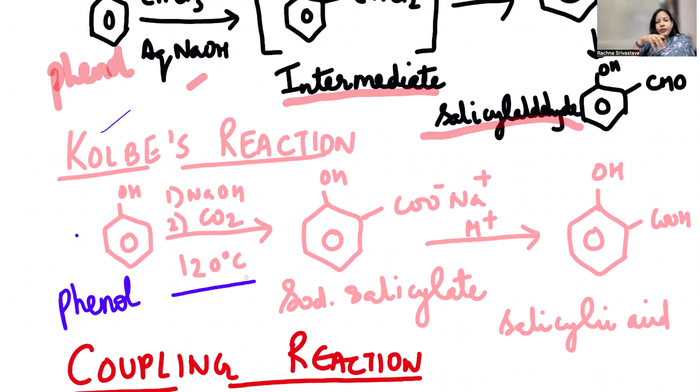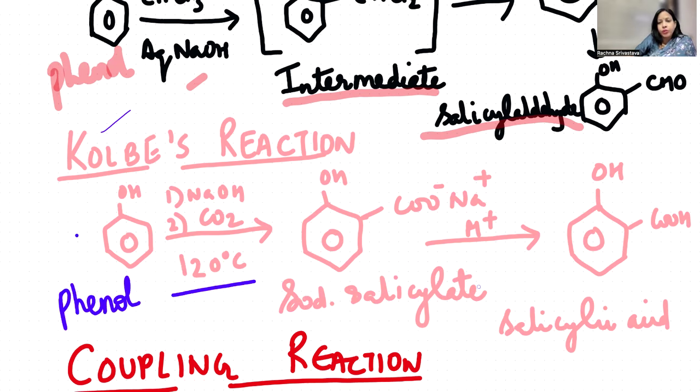Please refer to the standard books prescribed in your syllabus and pick up the temperature and pressure values from there. Haphazardly, you cannot write any value which you come across. So when phenol is treated with NaOH and carbon dioxide, you get sodium salicylate.